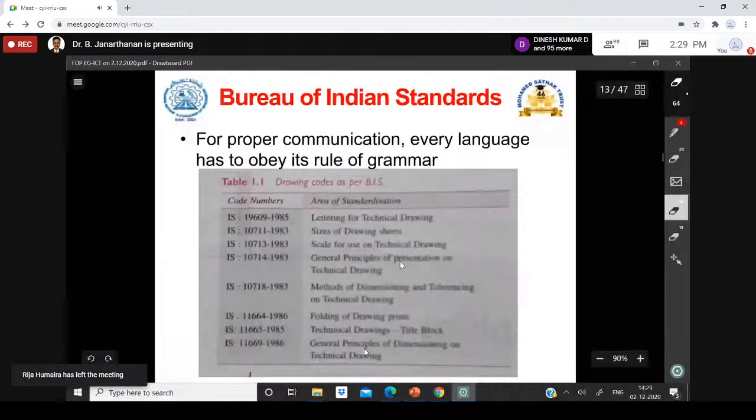For proper communication, all languages have their own set of rules called grammar. Engineering graphics is also a language of engineers. So it has its own grammar, and it is put in the various standards we have in India, the Bureau of Indian Standards.